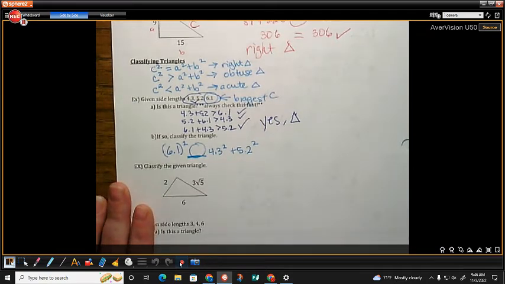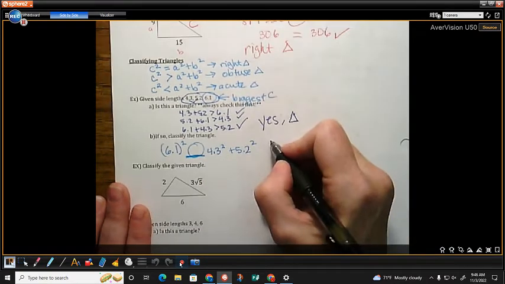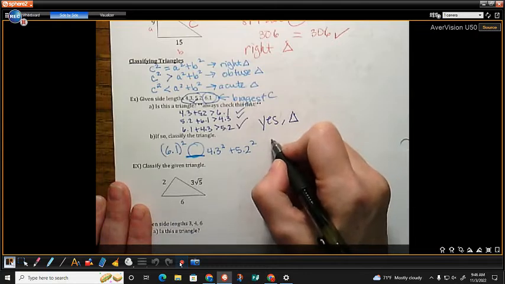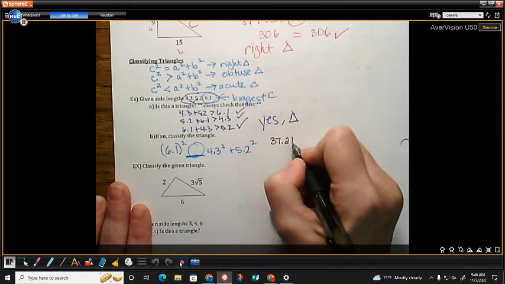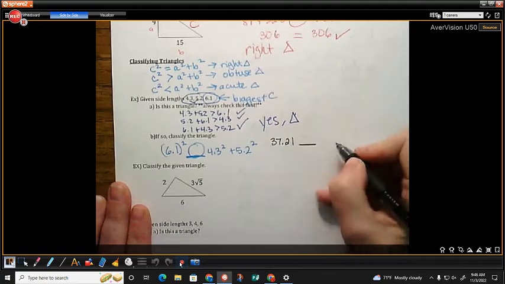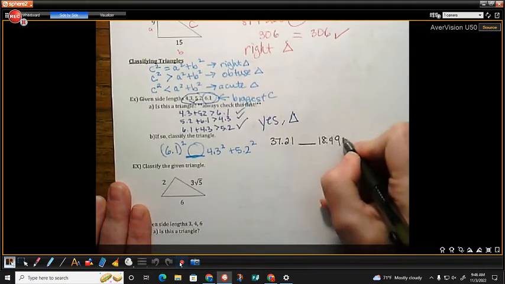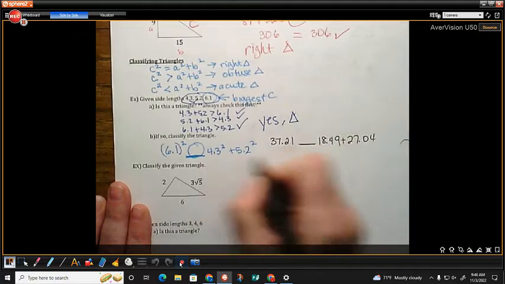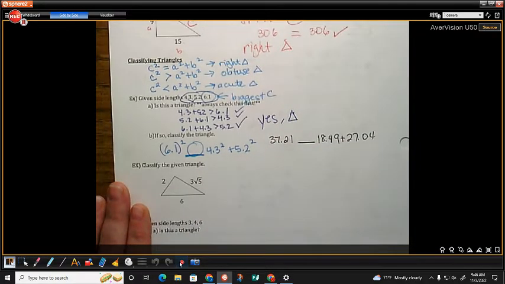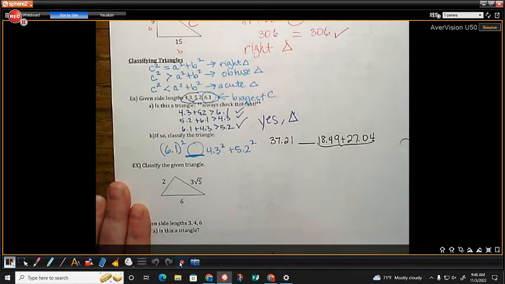And so you're going to put this in your calculator. What does the 6.1 squared come out to be? 37.21. And then you've got your blank space. And you have 18.49 and 27.04 for these two guys squared. So put those in your calculator.